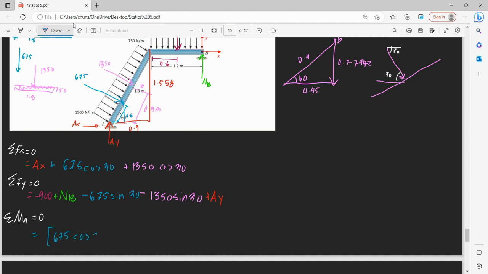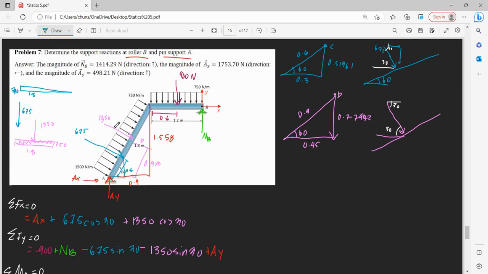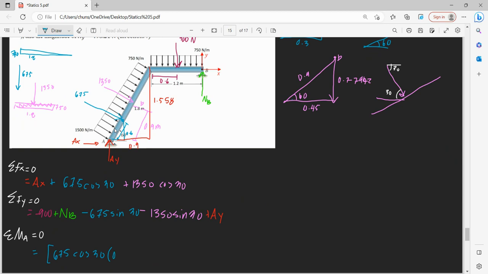Horizontal component: at a distance of this blue height to get to A is 0.51961 meters. And we'd be going in our clockwise direction to get to A. Apologize for the confusion. Okay, and our vertical component, we want our horizontal distance, which is 0.3. And we would also be going in a clockwise direction, so negative.